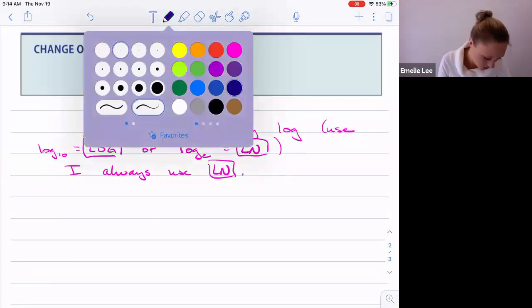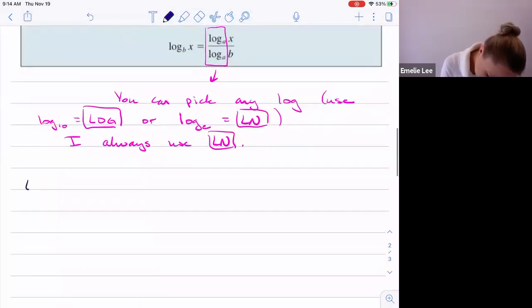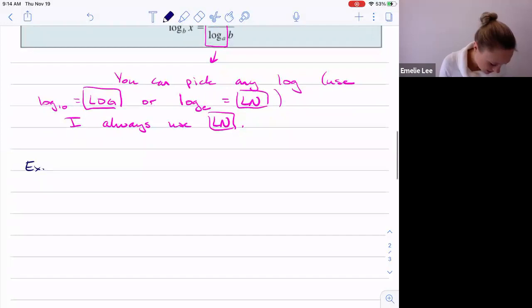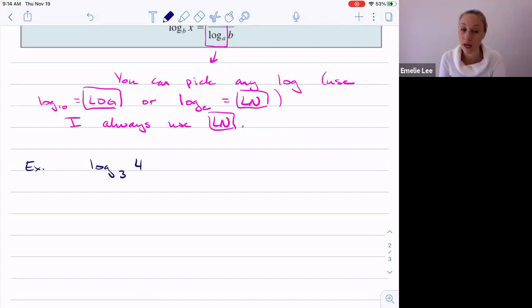So let's do a quick example here. If you have log base 3 of 4, and you don't have this fancy button, though you can confirm it because you have the fancy button, then what you can do is say that's going to be the ln, in fact, I shouldn't write it like the button, ln is usually how I write it, of 4.